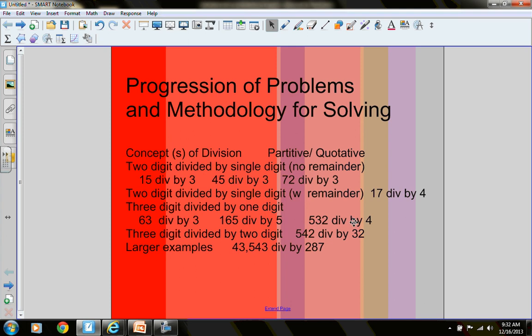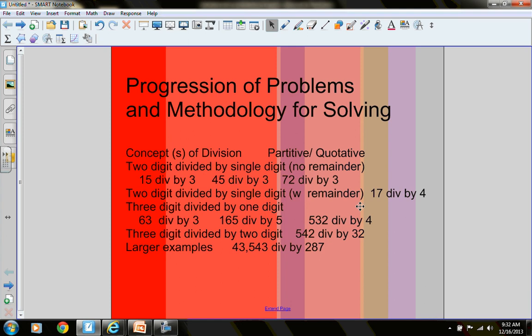Then moving along, that is where it's kind of good to do both concrete and partially concrete, and show it with models. But then at some point we're rolling into actually just solving them with the numbers.